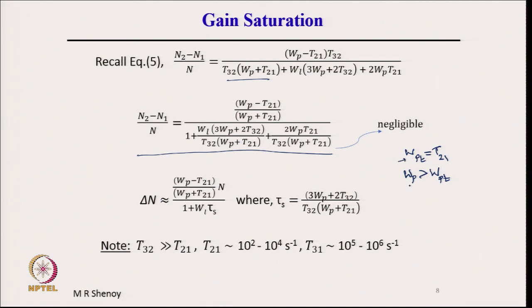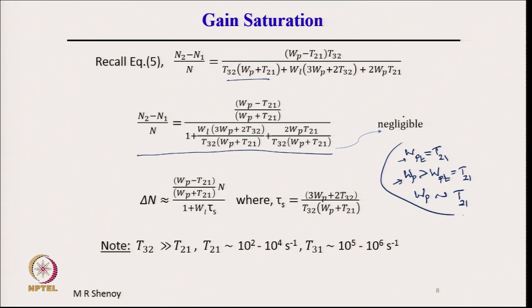So Wp must be greater than WpT, which is equal to T21, but in general Wp is of the order of T21, while T32 is much bigger, and therefore the third term in the denominator is negligible.